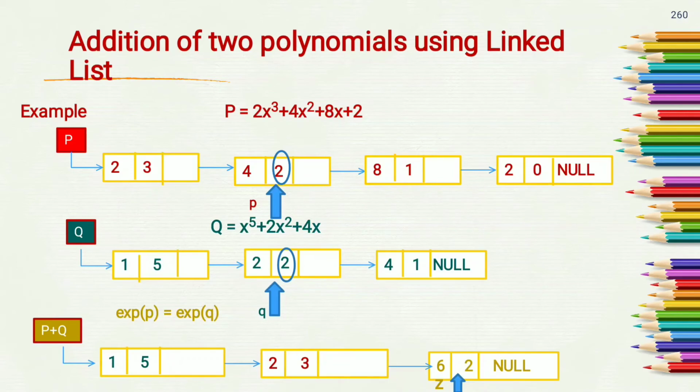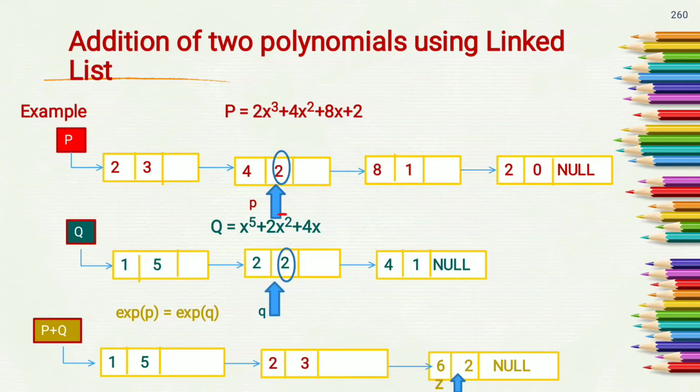So in the Z node of the P plus Q polynomial we store 4 plus 2, which is 6, into the coefficient field, copy 2 into the exponent field of the Z node and then put null into the link field of the Z node. So whenever the exponent fields of nodes are the same, we have to add the coefficient fields, then store this value into the coefficient field of the Z node in the P plus Q polynomial.